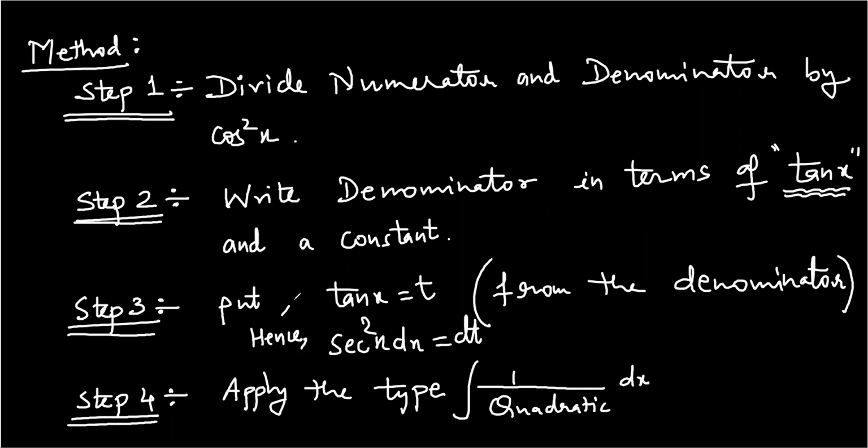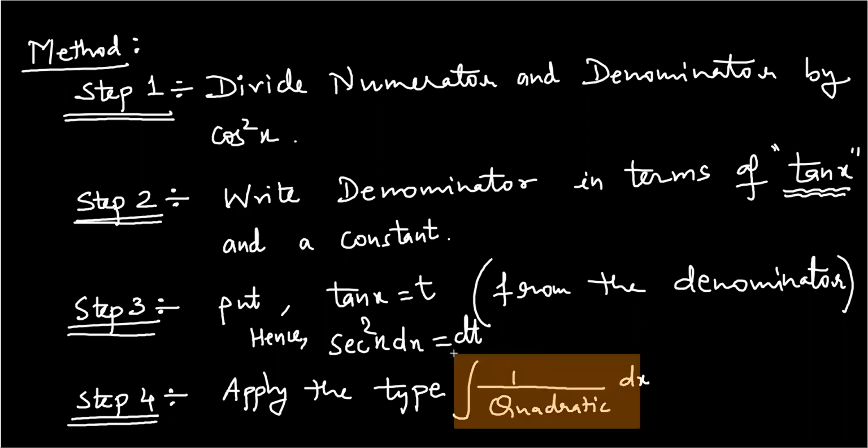Remember students, after step 3, what you will see? You will see that the given problem has turned into a new type of problem. What problem? It has turned into 1 upon quadratic. Apply the type 1 upon quadratic dx, or set one results.